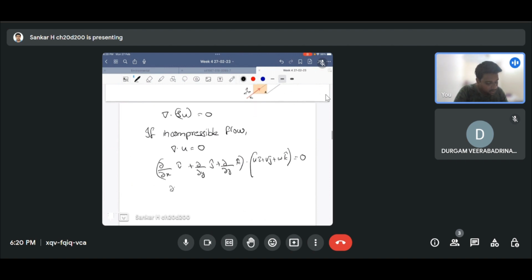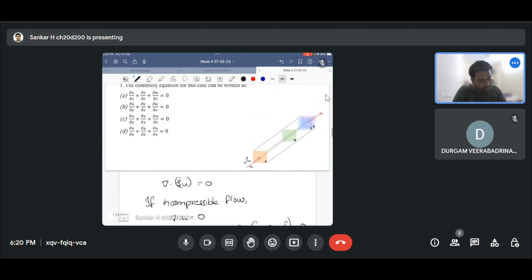So we'll get dou u by dou x plus dou v by dou y plus dou w by dou z is equal to 0. And this is the answer. I think answer option C will come.